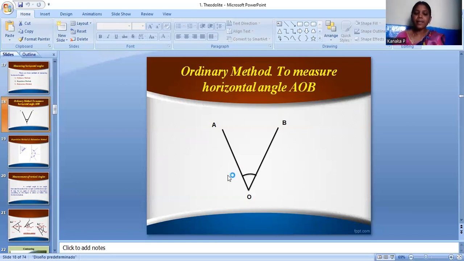The lower clamp is then loosened and the telescope is directed at the object A, located at the left. The ranging rod at A is bisected roughly. The lower clamp is tightened and, by operating the tangent screw, the ranging rod at A is accurately bisected.